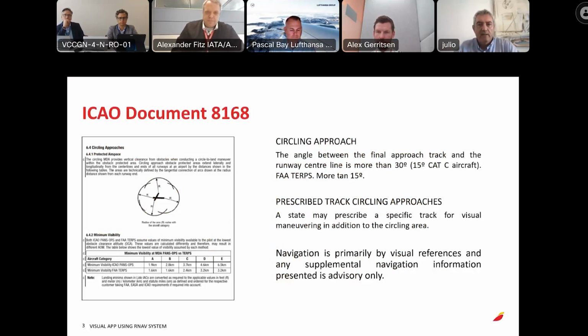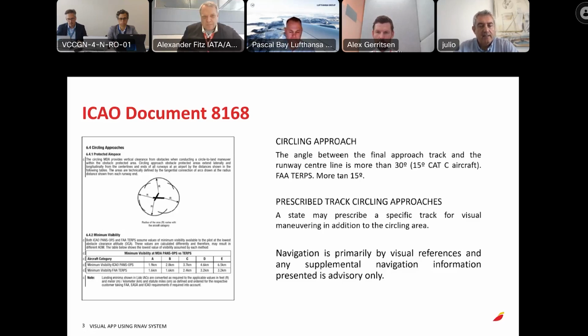Okay, at the beginning, everybody knows what we had 25 years ago. The visual segment was a circling approach. In some airports, we had a prescribed track with circling approaches. Of course, this is still the case today. We have circling approaches, both of them. It's important to notice that in these kinds of approaches, the primary navigation is by visual reference.